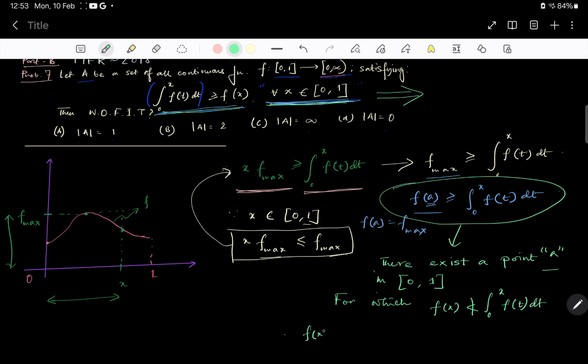So f of x is equal to the integral over 0 to x of f(t) dt, because only the equality holds.